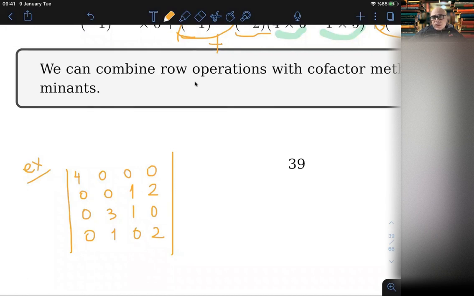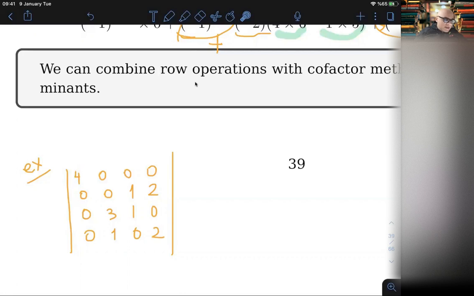We will use this cofactor method. So how does it work? We look for a row or column which has a lot of zeros. So we can either choose this column, which is ideal, or this row is ideal. Whatever we want. So let us go on with, for example, this column.